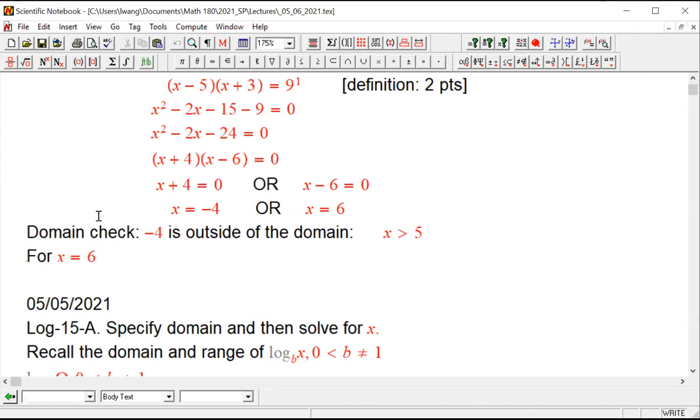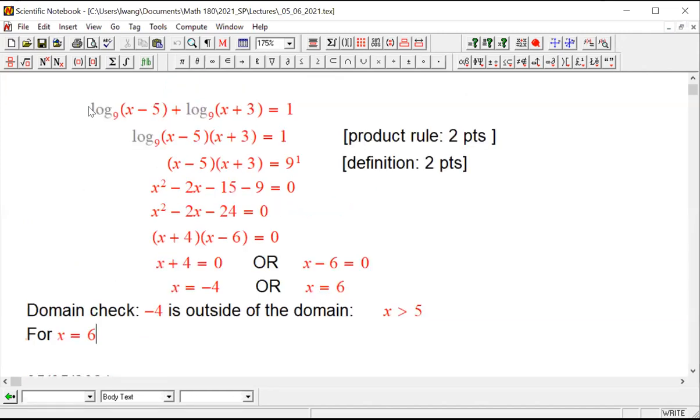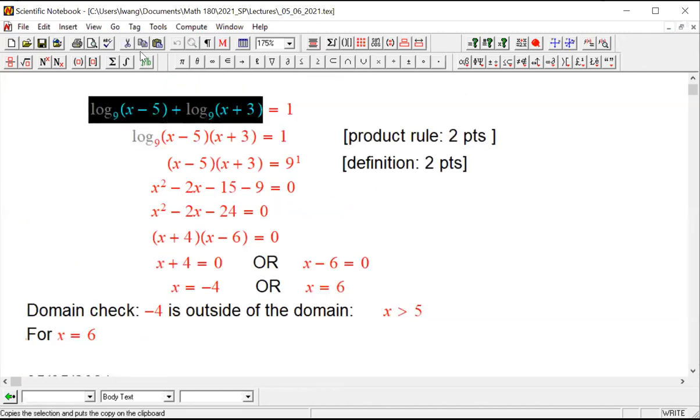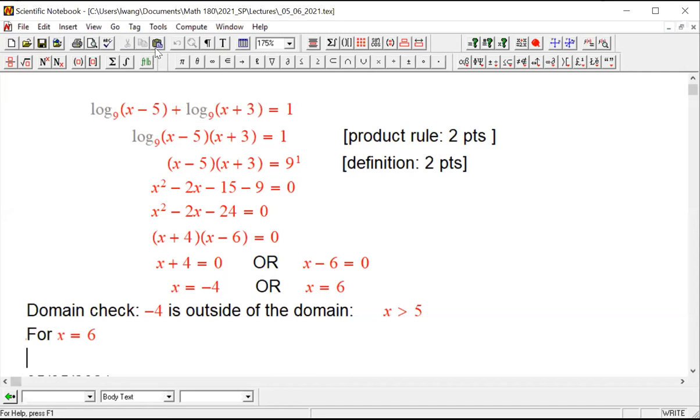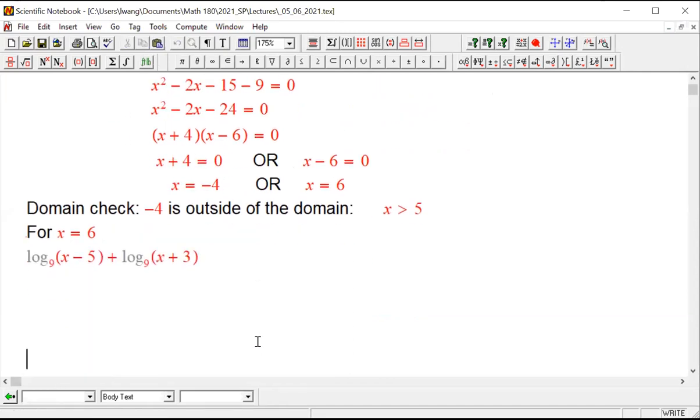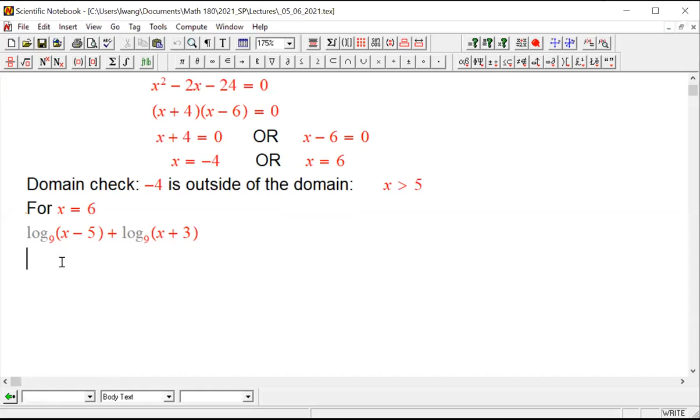And when we check a solution, we always go back to the original. Okay, so we have it here. Okay, and you start from the left-hand side. Yesterday, I spent some time explaining to you why you must do it this way, because it is logically sound.